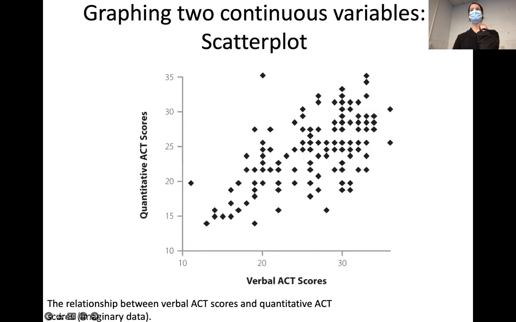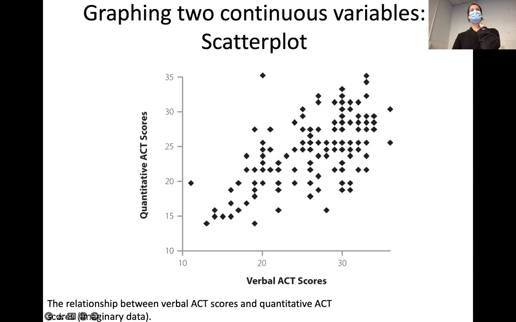If we're looking at two continuous variables, so like I said, the y-axis, I think for our purposes, is always going to be continuous. It's always going to be some number scale on the y-axis. If the x-axis is also continuous, so here you have ACT scores, you can't categorize them. They can be anything in between, I guess, 10 and 40 or so.